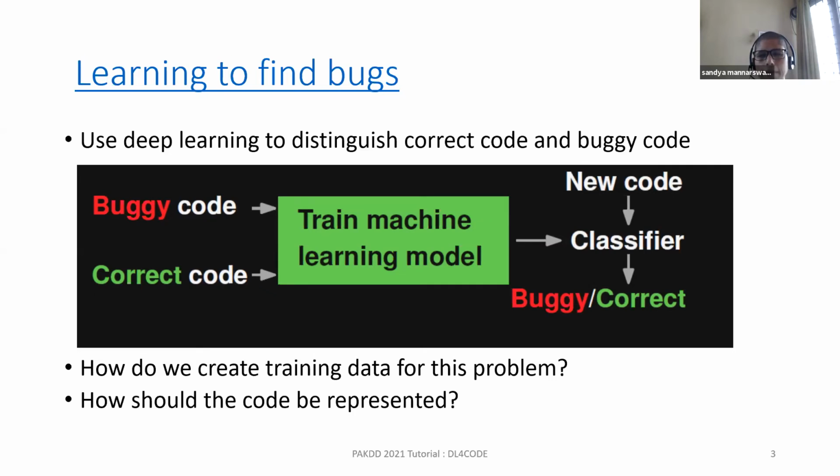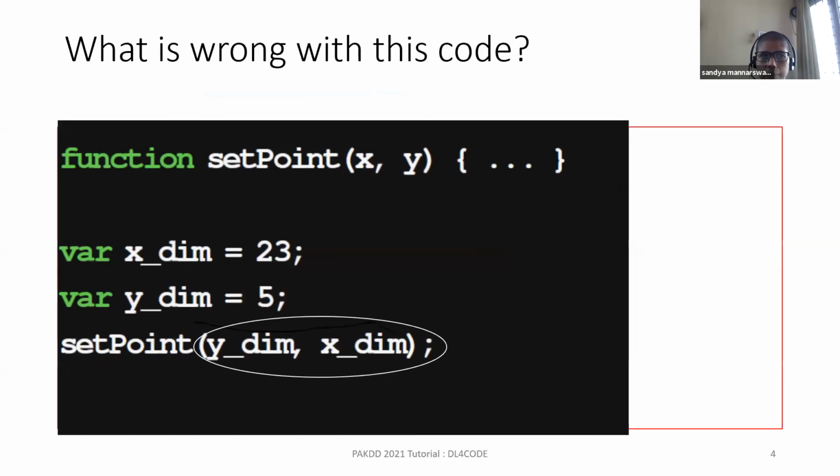Dr. Ramakrishna talked quite a bit about how we model code, whether it is source code or an intermediate representation, and how we can implement systems which create embeddings or encodings for the code. Those are some of the ideas we should circle back to when we talk about code representation. So the two important questions for any DL4Code application are: how do we create training data, and how do we represent the input code? Keep this in mind as we go through different applications.